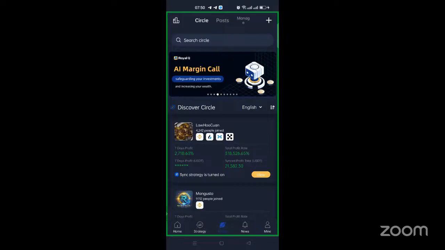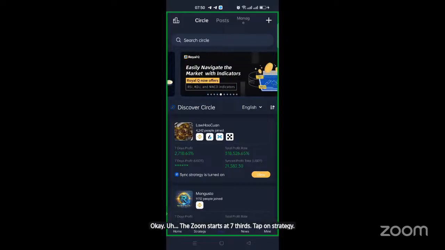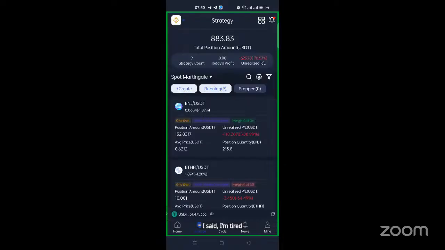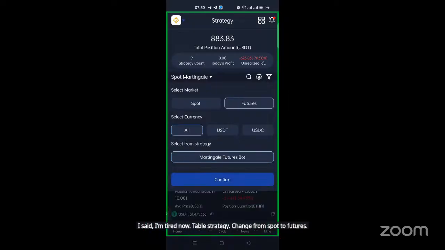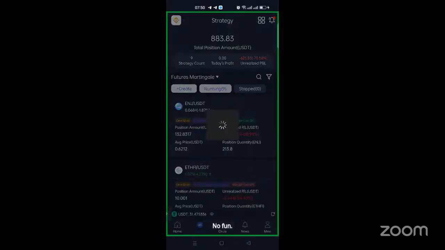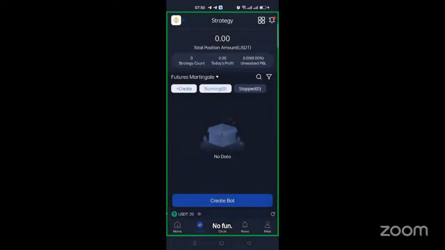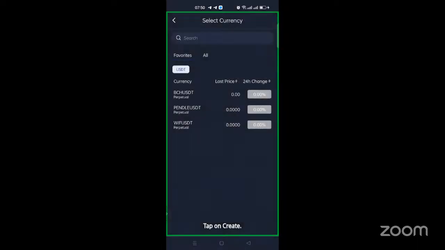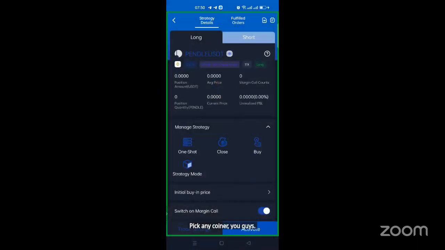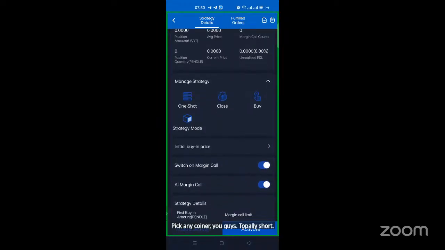The Zoom starts at 7:30. Tap on strategy. Change from spot to futures. Confirm. Tap on create. Pick any coin of your choice. Tap on short. That's a long.